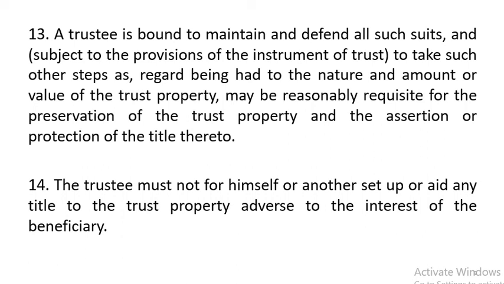In the first place we have seen that the trustee should not get any own interest. He should not get anything for his benefit. And also we have seen the trustee cannot set up an adverse title. Now we will see the trustee cannot set up a third party's title against the trust.